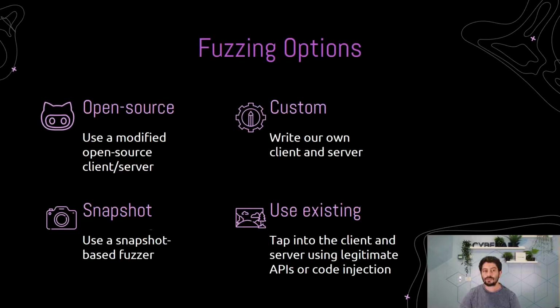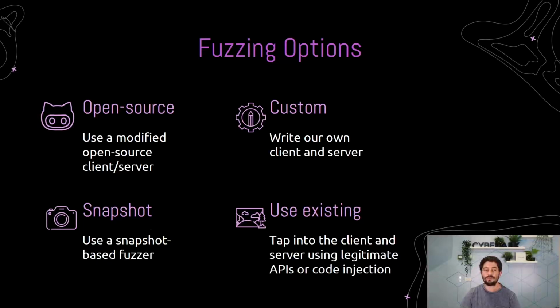The third one was to use snapshot-based fuzzing and basically send inputs simply by writing to a specific location in memory. Finally, we had the option of what we call living off the land, basically tapping into some existing solution and using exported APIs or code injection to send our messages.